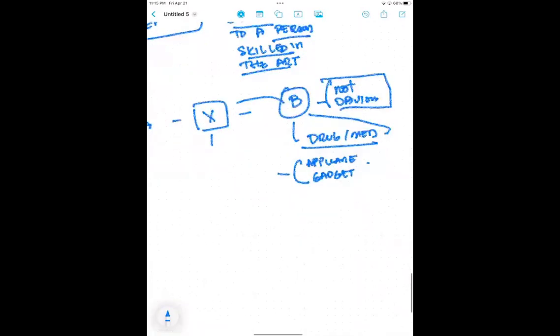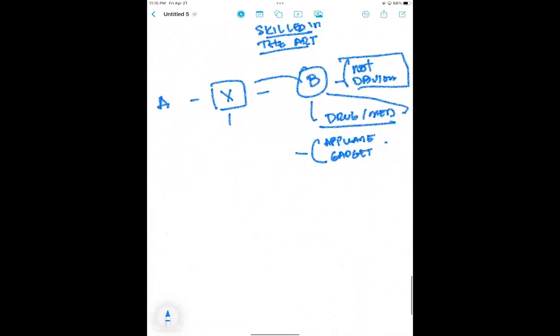Now, there is also this important discussion insofar as drugs or medicine is concerned.